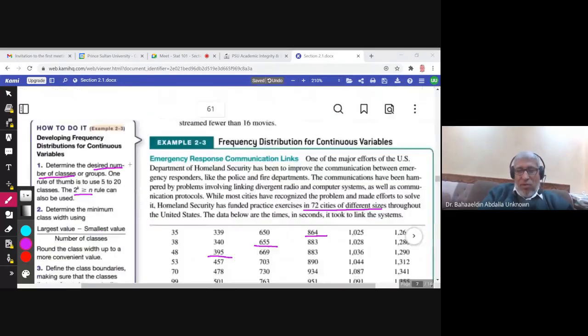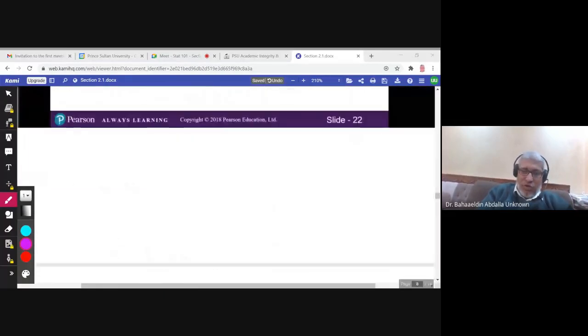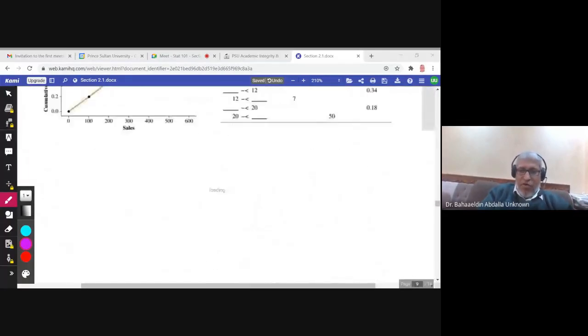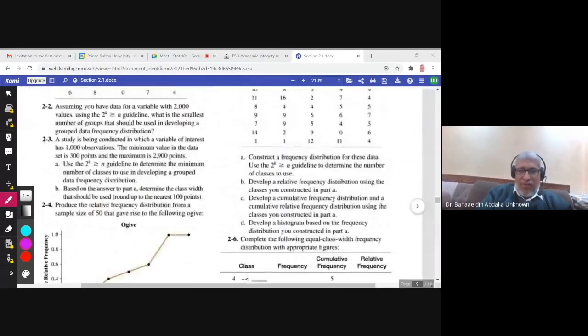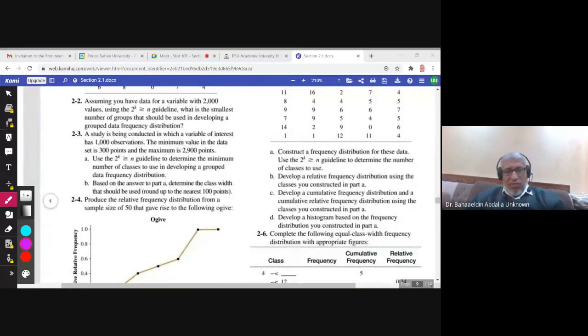Now let us go to the next point, which is the histogram. Before the histogram, let us solve some exercises about what we learned. So let me solve 2.2. Assuming you have data for a variable with 2000 values, so this is small n.